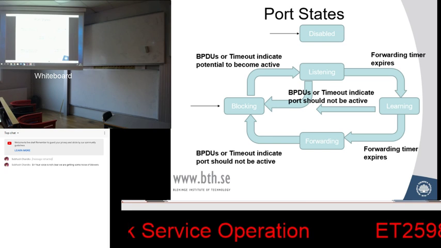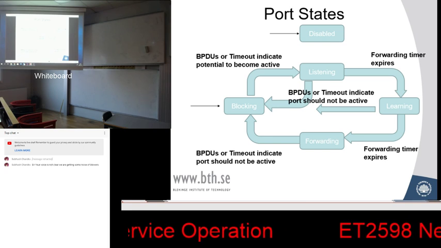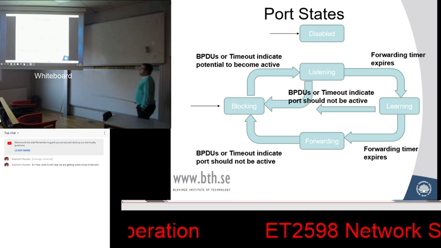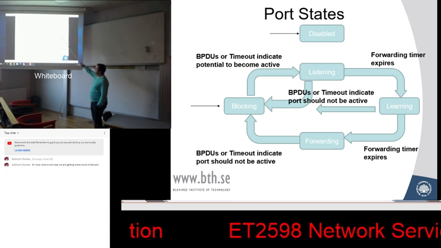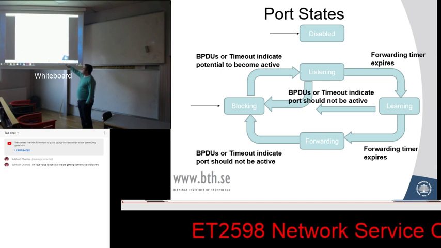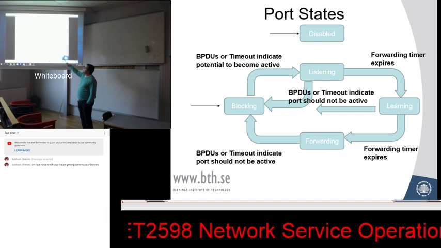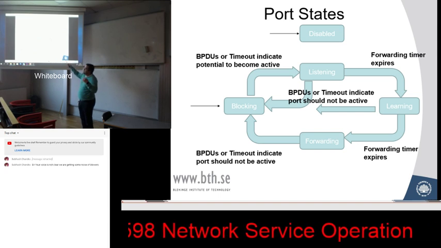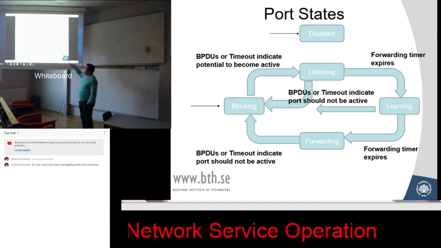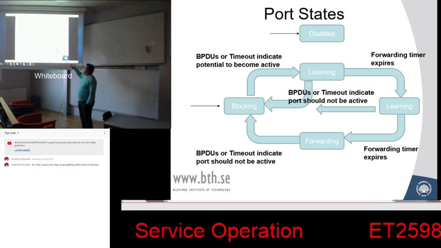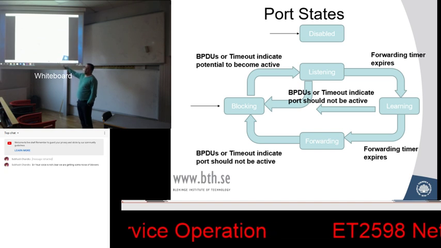So these are the port states. When a port is started, it is normally disabled. When it becomes active, it goes to the blocking state. Then it goes into a listening state, waiting for messages on it. If you don't receive a BPDU or a timeout has occurred, we go back to blocking.